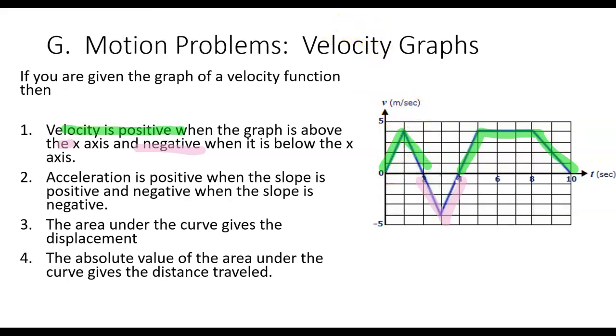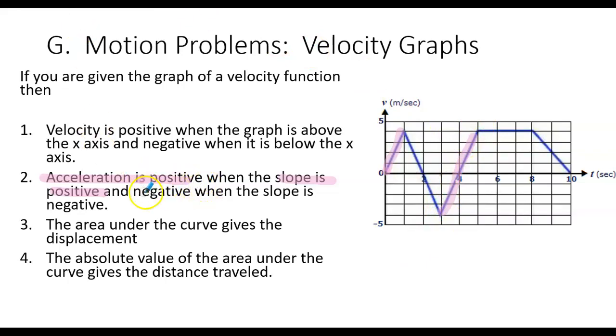All right. Now, acceleration, as you guys know, is the derivative of velocity. Now, derivative is just a fancy word for slope. So acceleration is positive when the slope is positive. So for instance, since this is a velocity graph, the slope of this line is positive here, so that means the acceleration is positive. We also have a positive slope here, so that's another place where acceleration is positive.